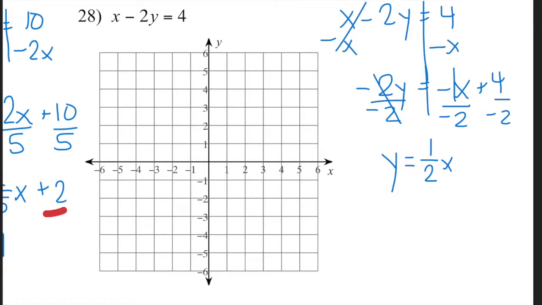And 4 divided by negative 2 is negative 2. So our y-intercept is negative 2. Our slope is 1/2, up 1 over 2, up 1 over 2, up 1 over 2, and there's our line.